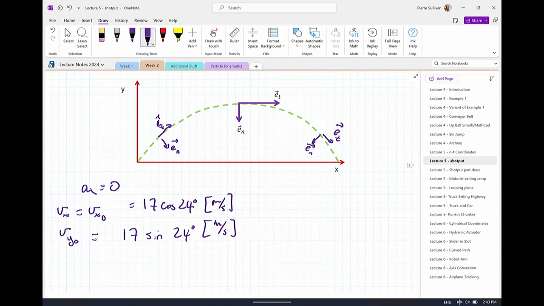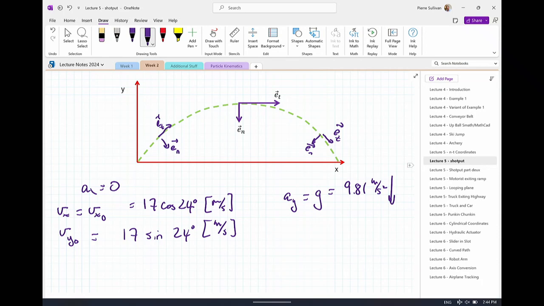So I'm given enough information that I can write the x and y components. The x component is just going to be 17 meters per second cos 24 degrees. And the y component is 17 sine 24 degrees, again, meters per second, traveling along this path. Acceleration of y is equal to g, and I'm just going to put it pointing downwards. It's negative in this xy coordinate system.